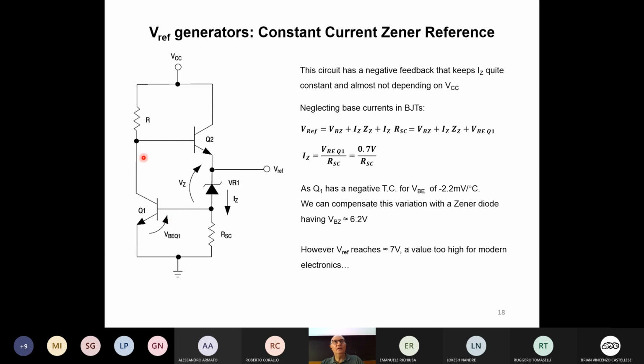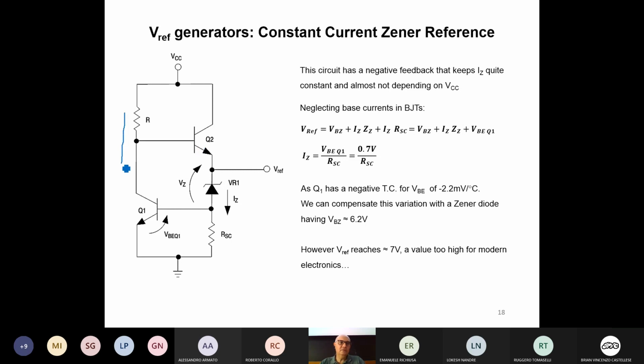This transistor will have a higher base current. It's always small, but will be increased. The base current will be increased. So the collector current of Q1 will increase. If the collector current of Q1 will increase, also the current through resistor R will increase.